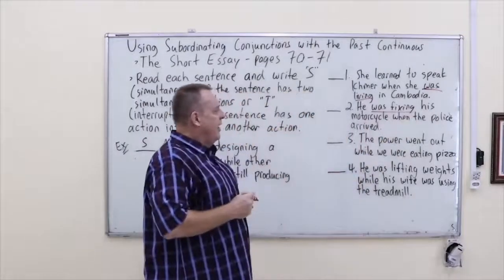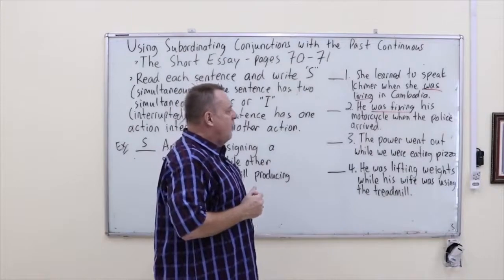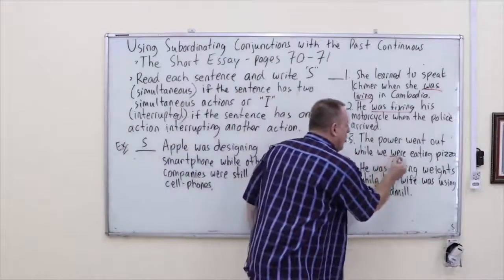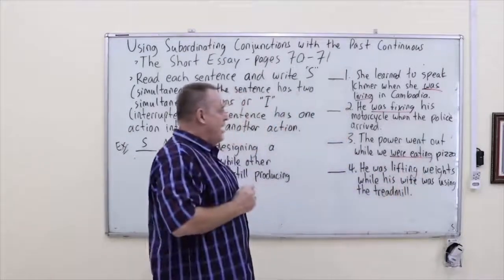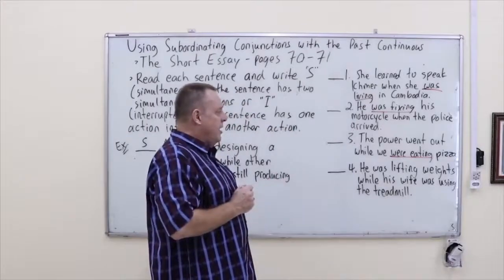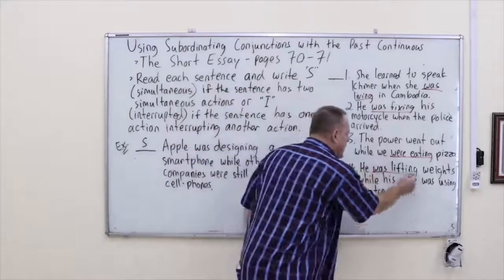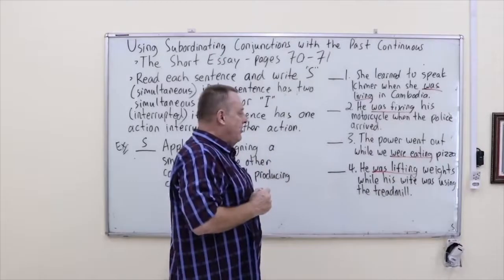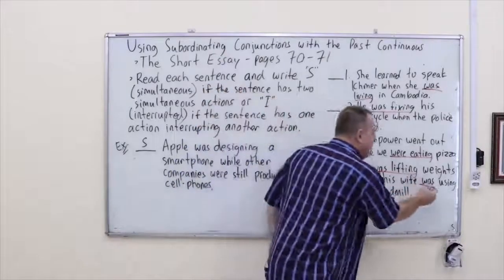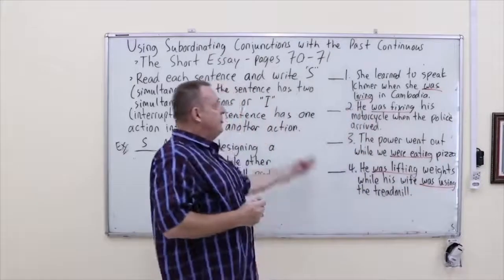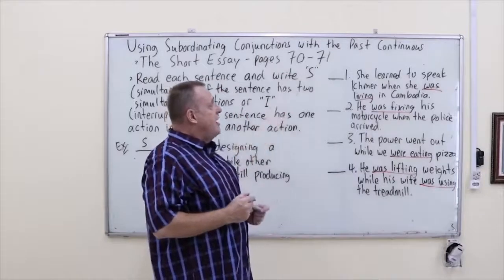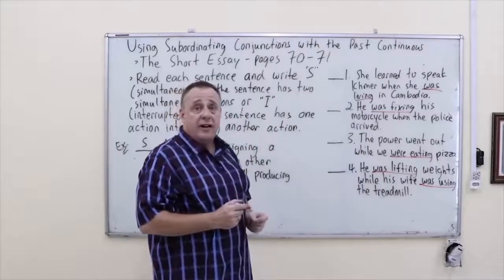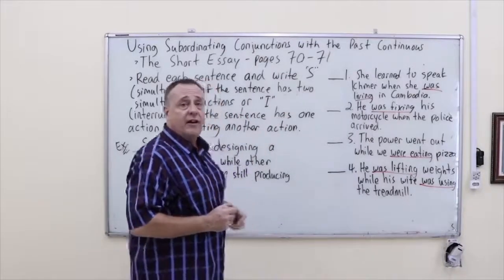And for number three, the power went out while we were eating pizza. And for the last one, he was lifting weights while his wife was using the treadmill. Okay, so spend a few minutes and decide if they are simultaneous or interrupted activities.